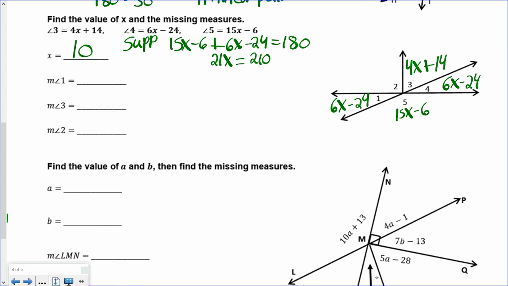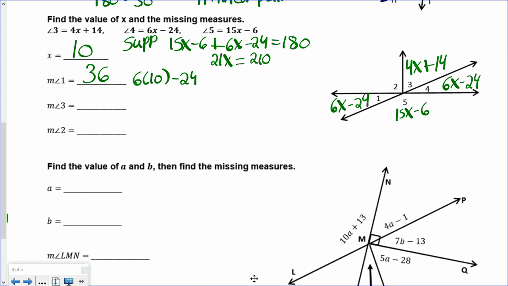How would I actually find the numbers? Plug in the value of x, so 10. 6 times 10 is 60, 60 minus 24 is 36. Make sense?